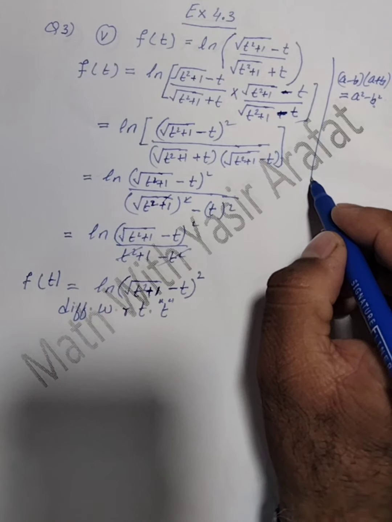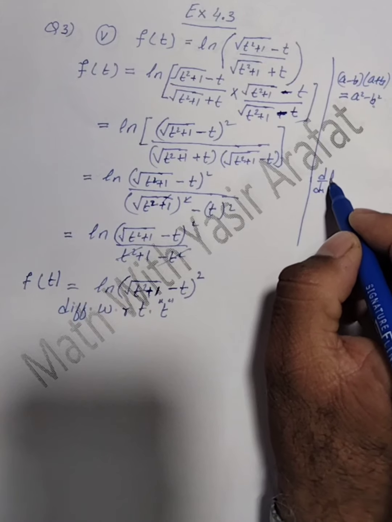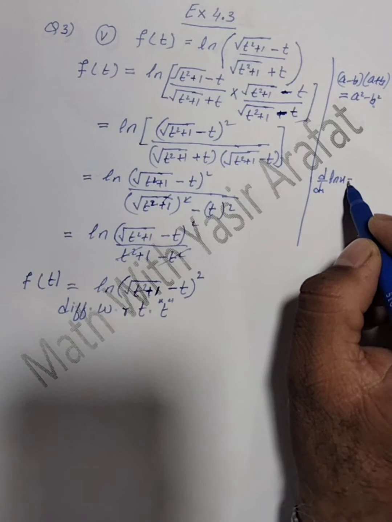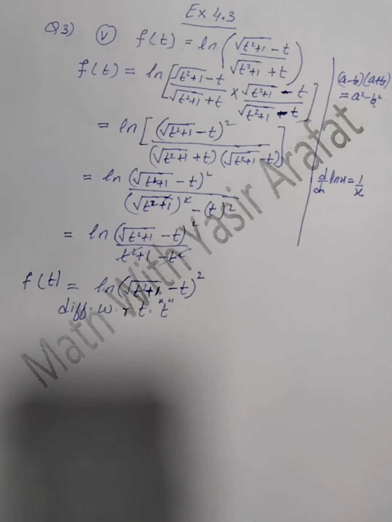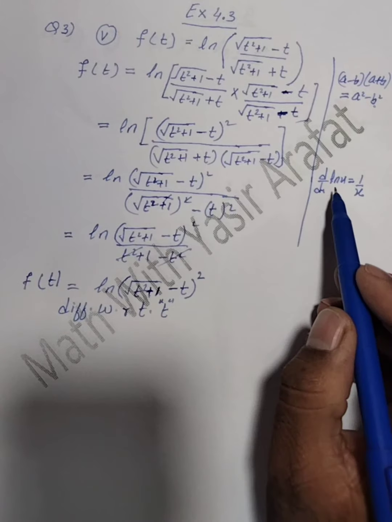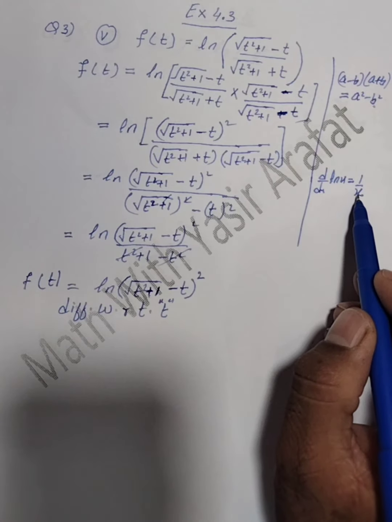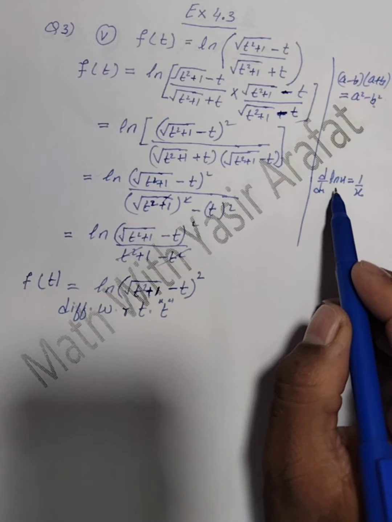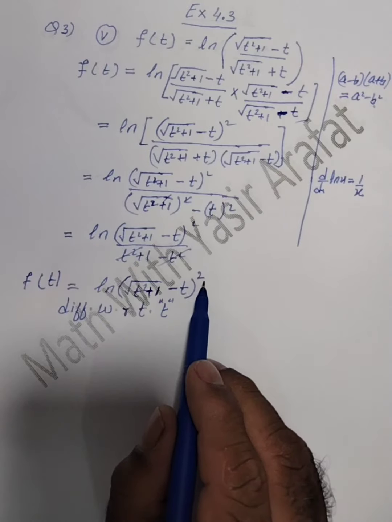One formula here: d over dx of ln x equals 1 over x. This is the formula for the derivative of ln x. Here x is (radical t square plus 1 minus t) to the whole square.